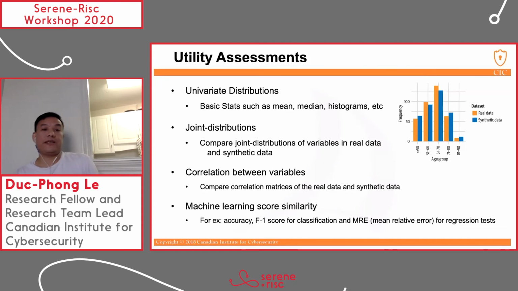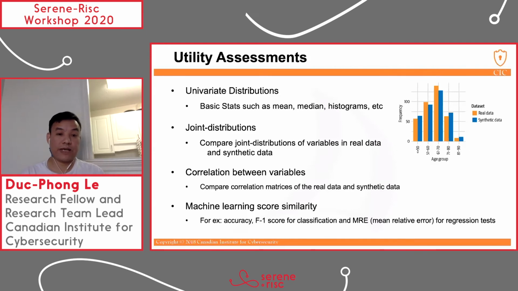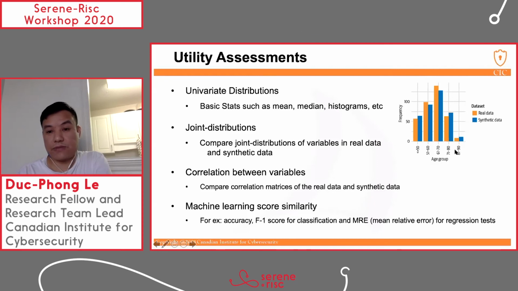For univariate distribution, we can measure and compare basic statistics such as mean, median, standard deviation, or histograms. In the pictures, you can see the histogram comparison between the two data sets, original and synthetic. It should show similar statistics in the histograms between the synthetic data and original data.